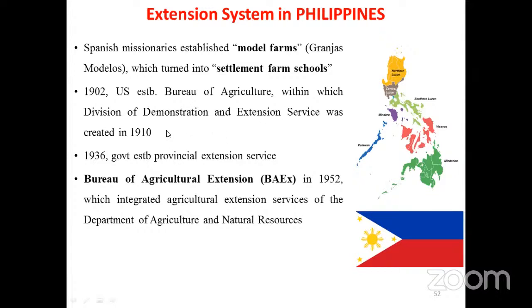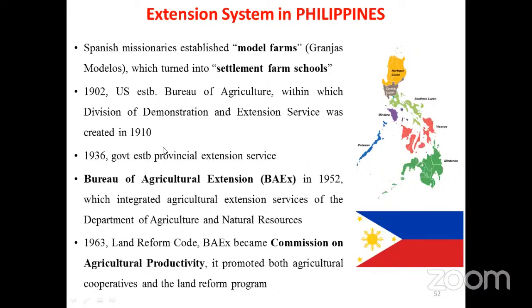Then they had this division of demonstration and extension service established in 1910, and they established provincial extension service in 1936. Now they have this Bureau of Agriculture Extension in 1952, and later this BAX became Commission on Agricultural Productivity.